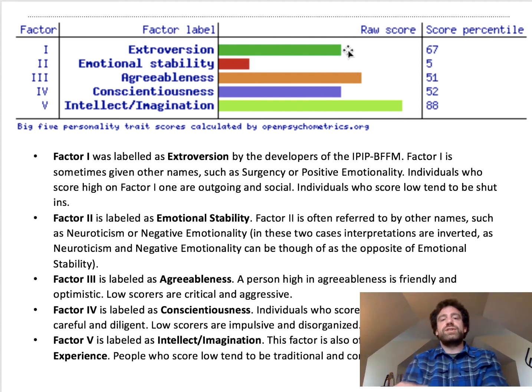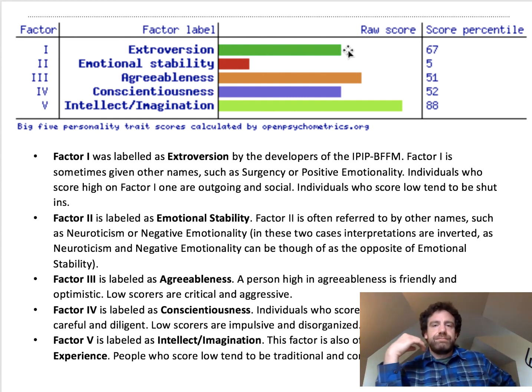And this is why I want to stress that it doesn't make any sense to claim that, well, I thought I was extroverted, but then I took the test and I learned that I was very introverted. The only way that would make sense is if you didn't know what the words extroversion and introversion meant. I have some understanding of how extroverted I am.